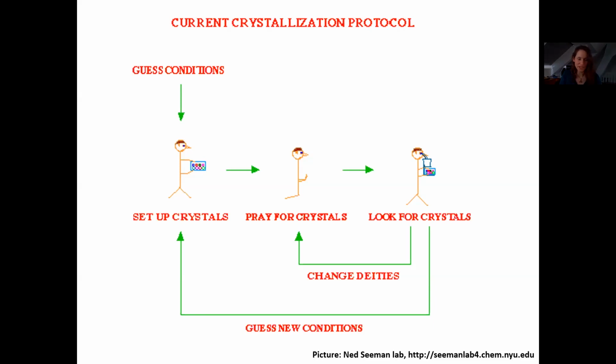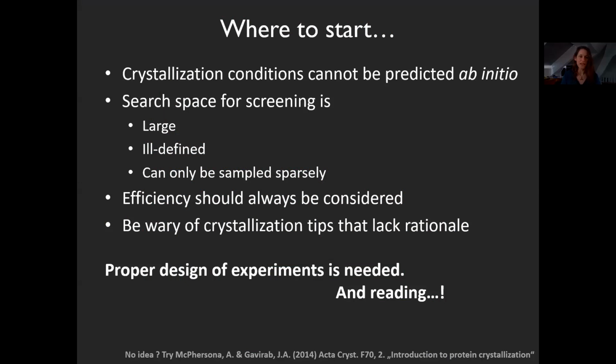Because crystallization, just as it happens, is the single most difficult challenge in a crystallographic experiment. And it is a pretty unpredictable one too. So crystallization conditions cannot be predicted ab initio.